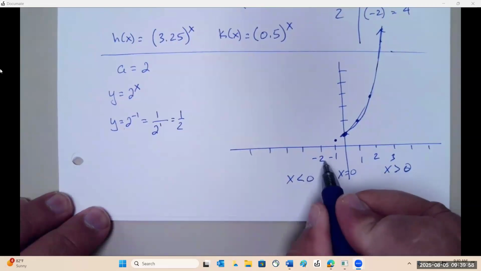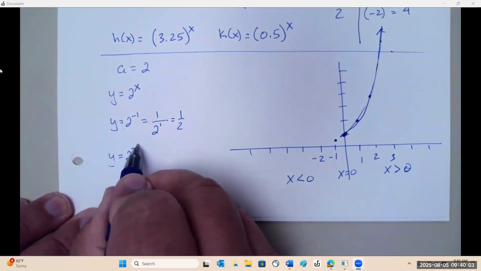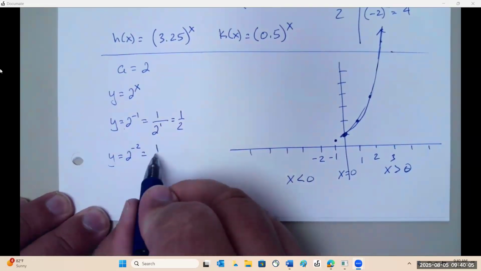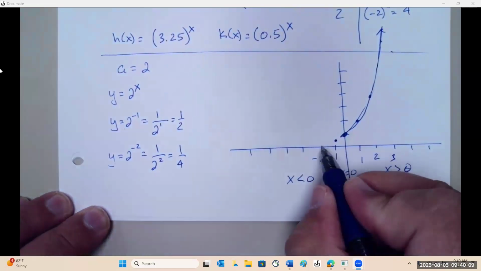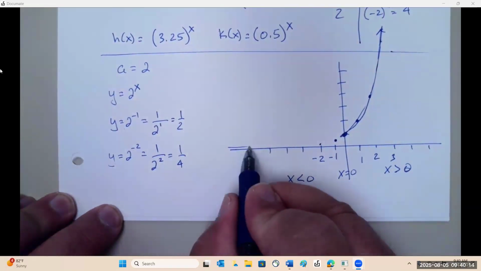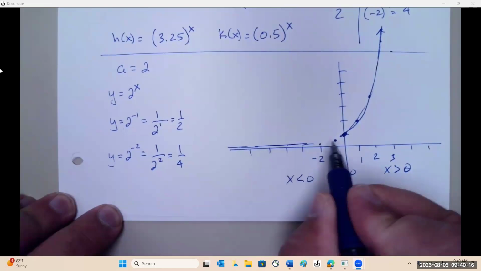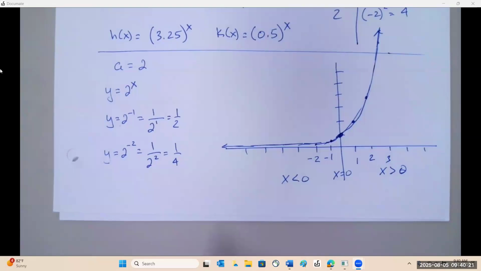When x is negative 2, so we have y equals 2 to the power negative 2, which is 1 over 2 to the power 2, which is 1 over 4. So it's 1/4. And you'll see what happens. It keeps on going forever this way. You see the x-axis as a horizontal asymptote. It'll never touch it, but it gets infinitely close to it.